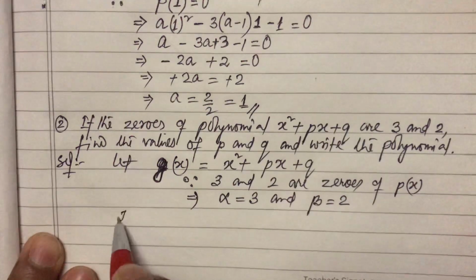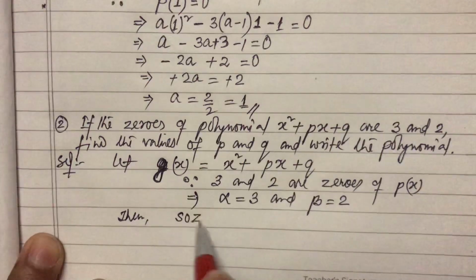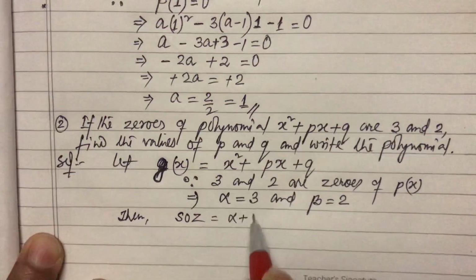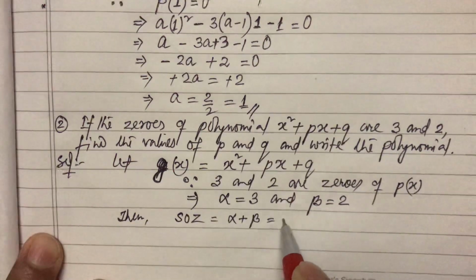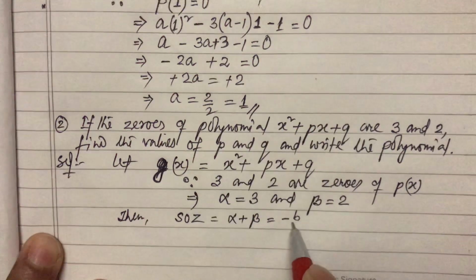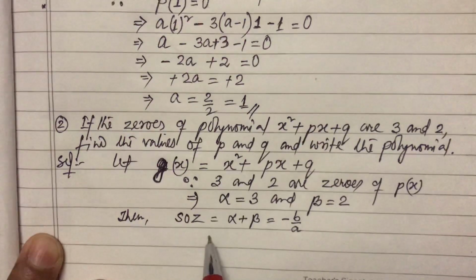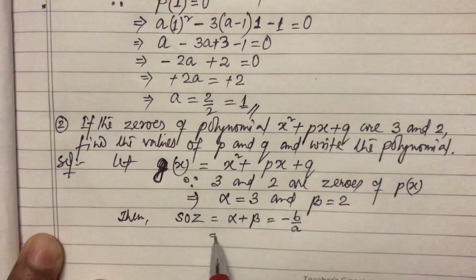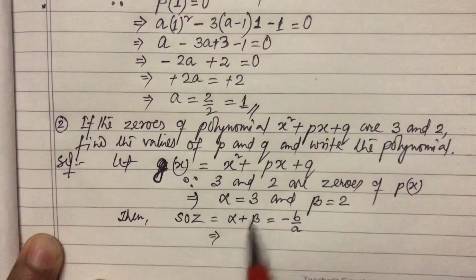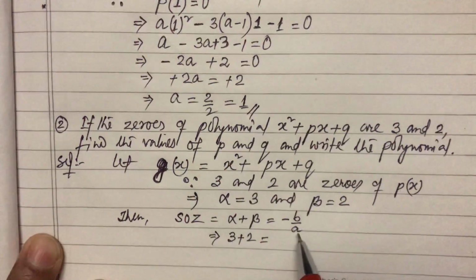First, we know the sum of zeros, alpha plus beta, is minus b by a. So I can replace alpha and beta values, so it will be 3 plus 2 equals minus b by a.